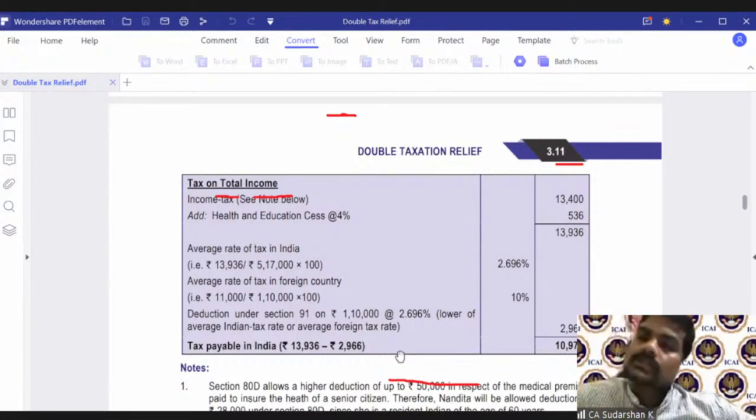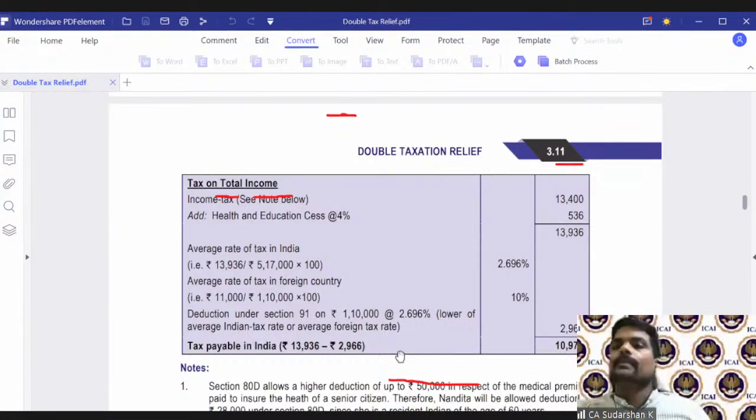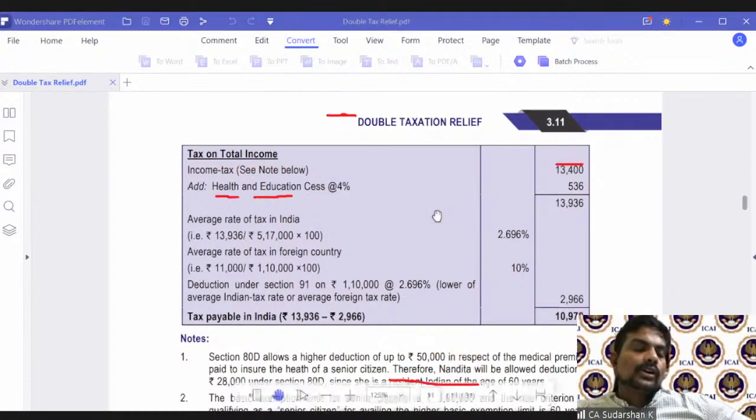This mechanism is also the same in all the tax treaties. India, in all the tax treaties, would have said my tax treaty credit will be restricted to the average rate of Indian tax. So this is the concept.